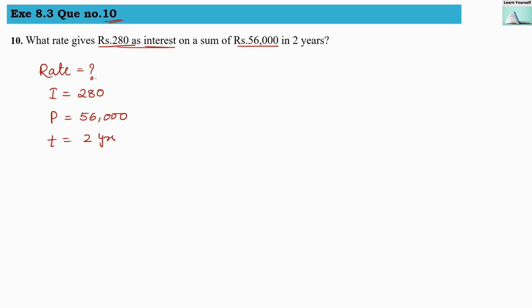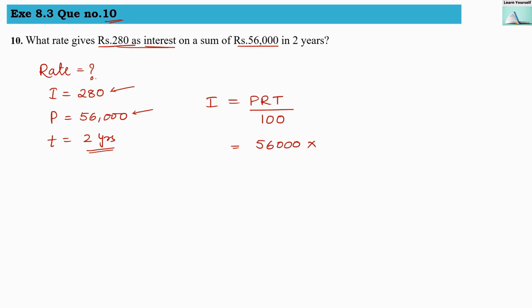So they are asking what rate we should fix so that we will get 280 rupees interest on the principal amount of 56,000 for 2 years. So let us write our formula that I equals PRT divided by 100. So principal amount is 56,000.